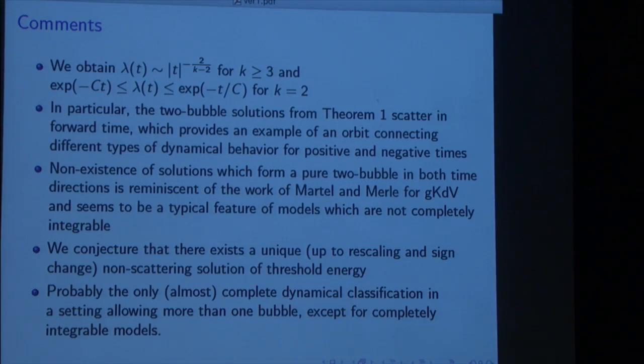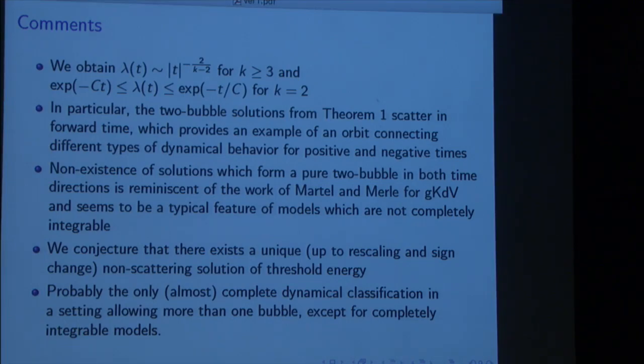They scatter, and this is what Duyckaerts and Merle call reconnection phenomenon, connecting different types of behavior for a dynamical system. So scattering is a large open set. These solutions which concentrate are expected to be very special solutions. So we have kind of not a homoclinic orbit, but a very special orbit from the dynamical point of view.